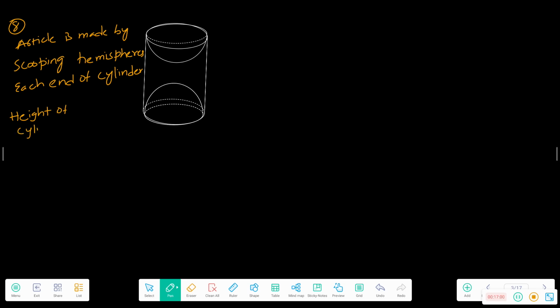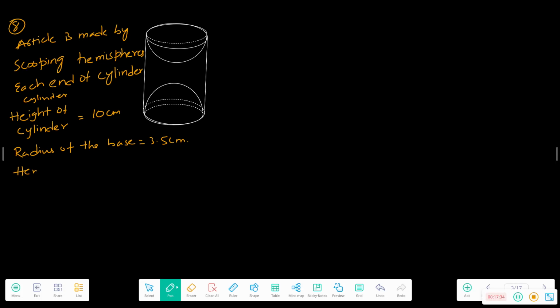Height of cylinder is equal to 10 centimeter, and the radius of the base is given as 3.5 centimeters. So these dimensions are for the cylinder.